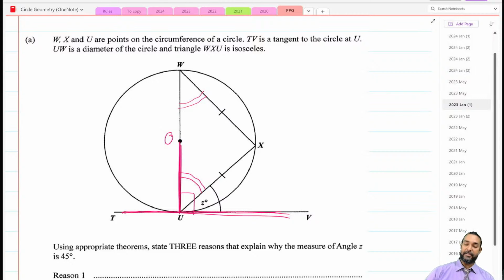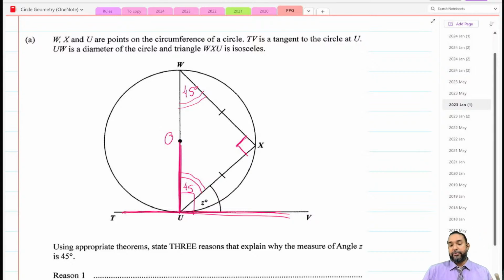And the angle in a semicircle is 90 degrees. So if you have 90 degrees here, and the sum of the interior angles of a triangle is 180, we could find these two by doing 180 minus 90 divided by 2, which will give us that this is 45 and this is 45. Right? And if the whole thing is 90, to find z, we do 90 minus 45.